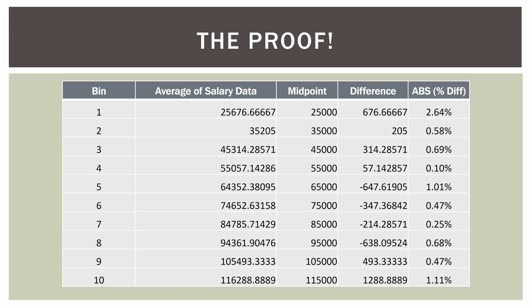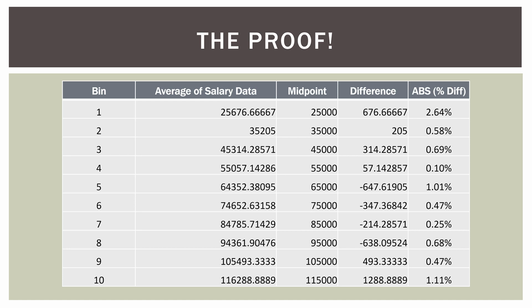As you go down, you can see that in the third bin, 0.69%, $314 difference. Then in the fourth row, a $57 difference between the actual mean and the midpoint, which is 0.10%. If we go down all these percentages, you can see just how close the actual mean of that bin and the midpoint of that bin are to each other.